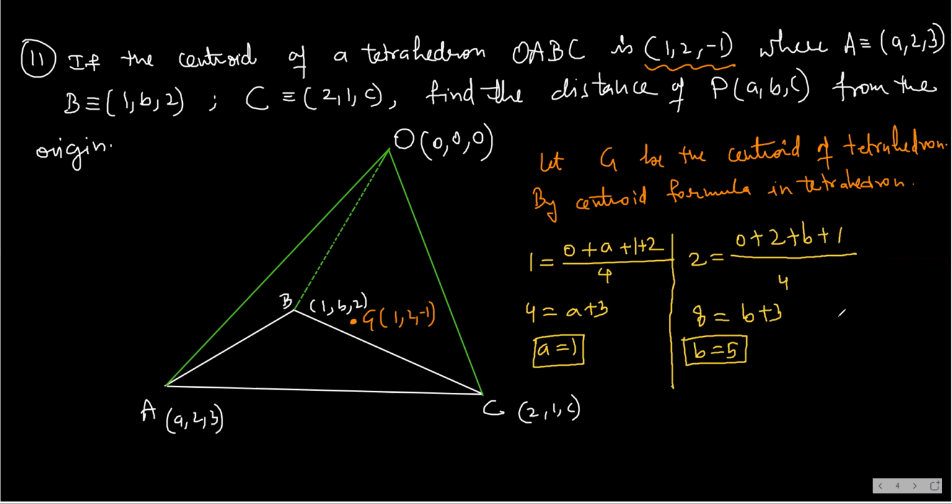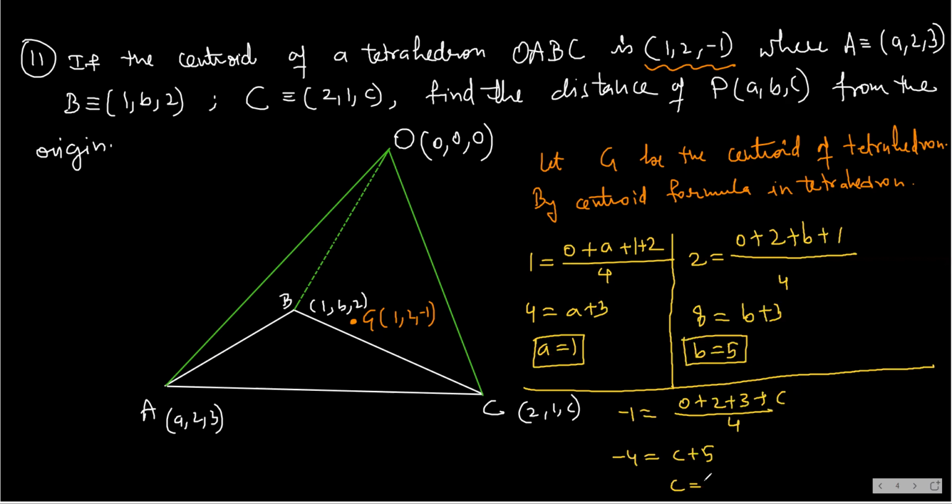And finally, the z coordinate of the centroid: negative 1 equals (0 plus 2 plus 3 plus c) upon 4. So negative 4 equals c plus 5 and c equals negative 9. So we got the values of a, b and c.